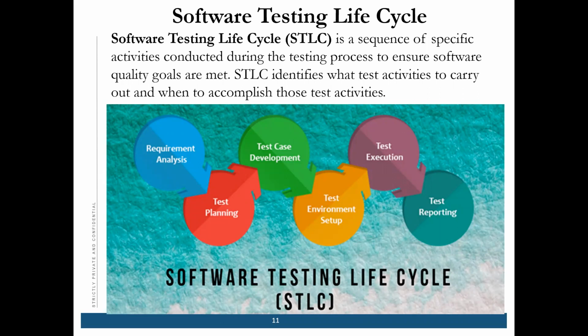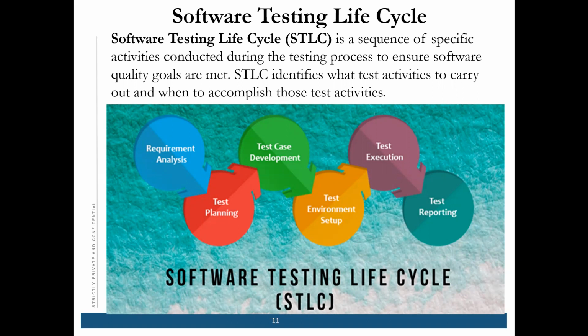Moving further, test execution is done, right? After test execution, you will get some defects, and there is some log. So what we will do, we will maintain a test report, in which we will tell how many test cases passed and how many failed.